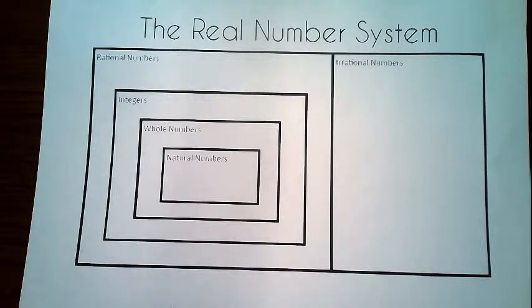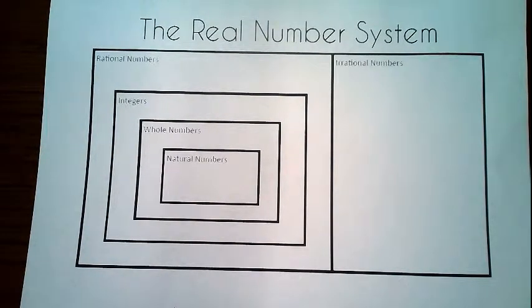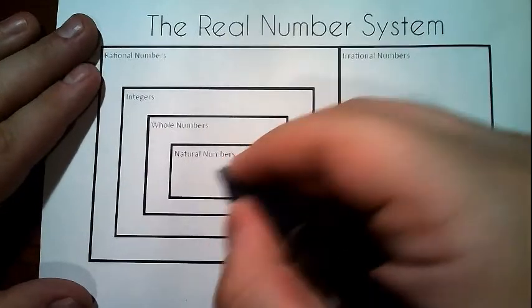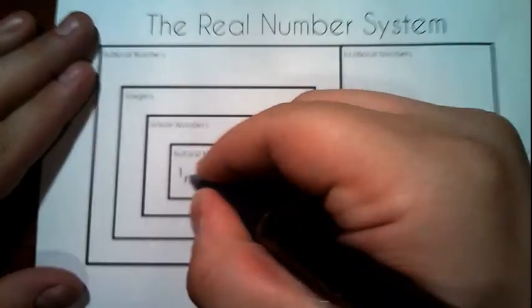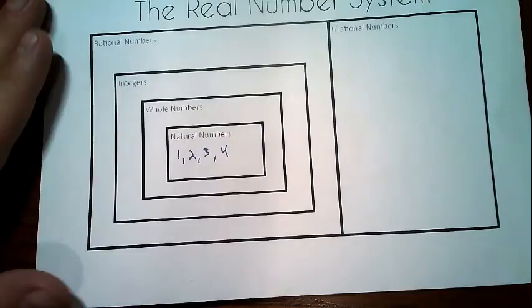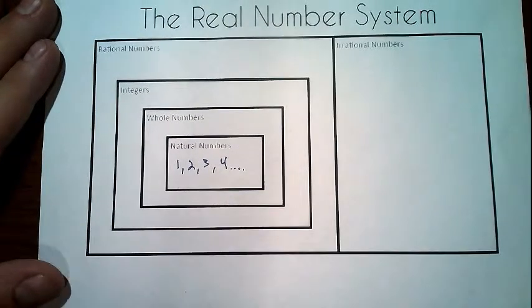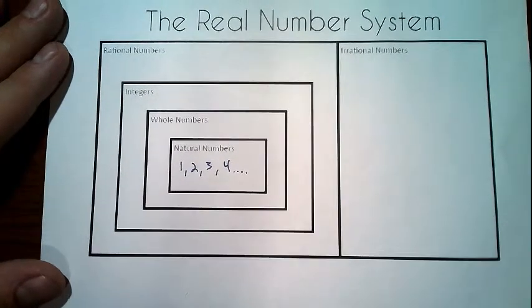Am I going to trade this one sheep for these two chickens, that kind of stuff. So the natural numbers are also called counting numbers because that's what we use to count. So, for example, 1, 2, 3, 4, right? Those are all natural numbers. 5, 6, 7, 8, right?